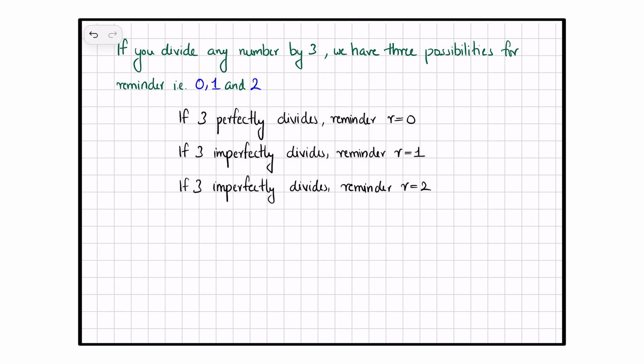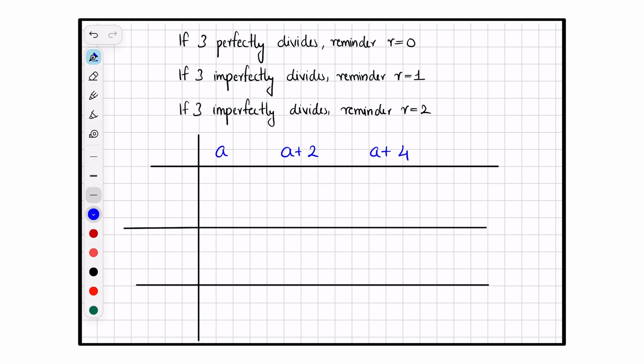So we have 3 scenarios. If 3 perfectly divides a number, the remainder will be 0. If 3 imperfectly divides, then we have 2 scenarios, r equal to 1 or r equal to 2. Now let us look at the case with 3.